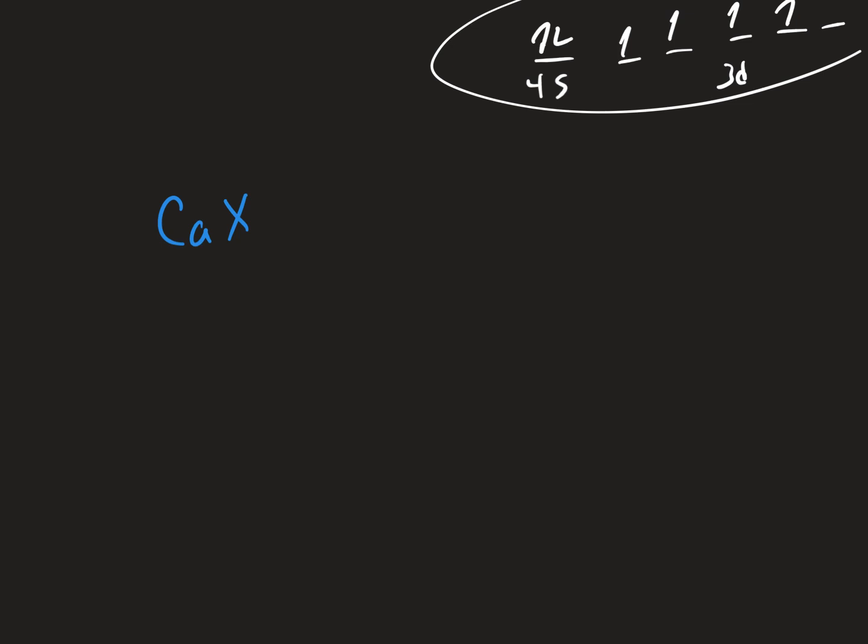So let's say we have this, and X is, obviously it's a nonmetal. X is a gas at room temperature.